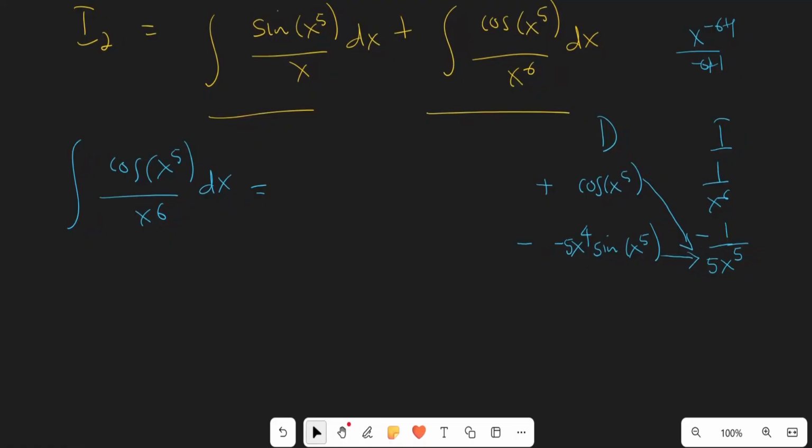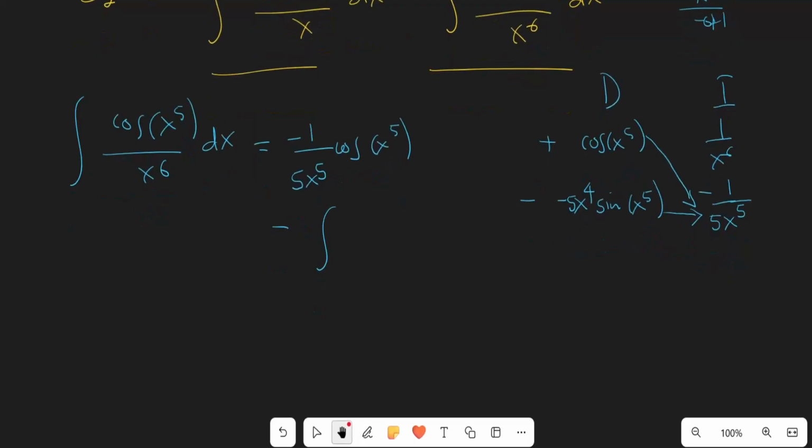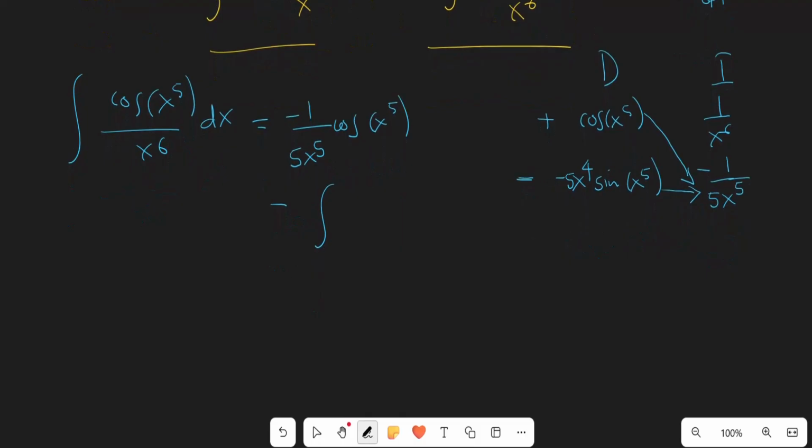So this integral becomes uv, which is negative 1 all over 5x raised to the power 5 cosine of x raised to the power 5 minus the integral. That is negative, negative, negative. That becomes a negative. So 5x raised to the power 4 sine of x raised to the power 5 divided by 5x raised to the power 5 dx.